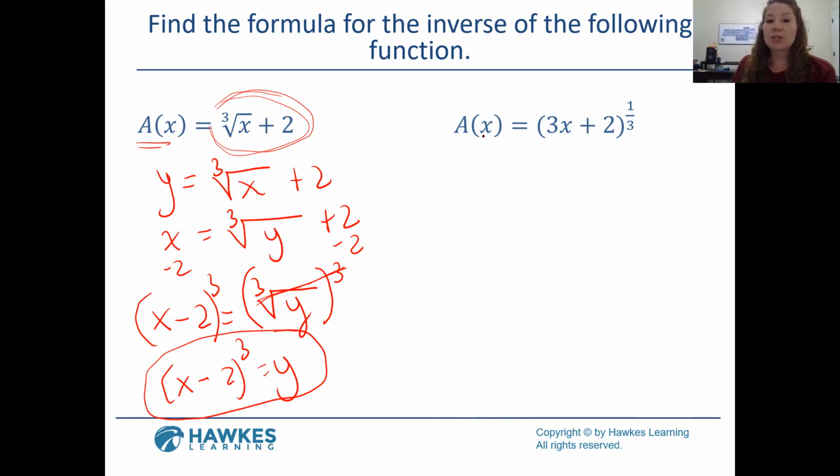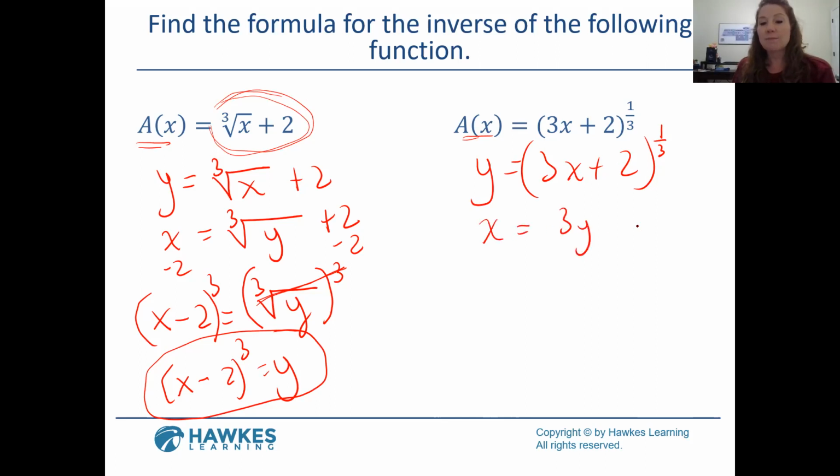So first thing I'm going to do is write a of x as y equals 3x plus 2. Basically, it's asking what's the cubed root of this 1/3. So now, after we've made a of x a y, now we're going to exchange x and y. Now the third step is to solve for y. So we have to get rid of this 1/3 exponent.